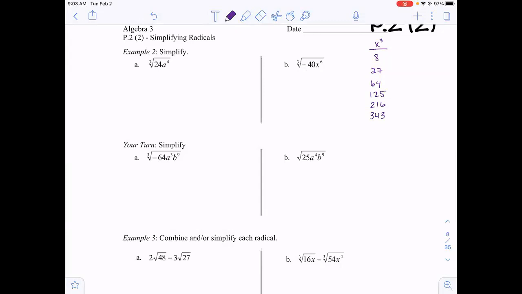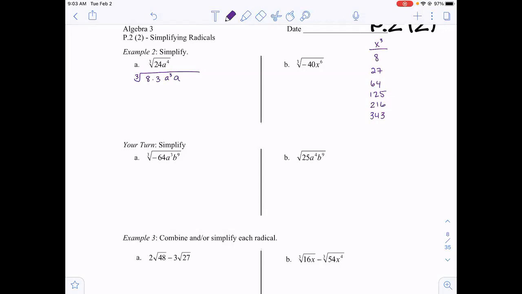So 24, well, that's evenly divisible by 8. So I'm going to do the cubed root of 8 times 3, because that's my 24. Now when I have letters, I like to write these so that their exponents are in groups of 3. So a to the 4th, that means I have one group of 3, so I have a cubed, and then I have one a left over.